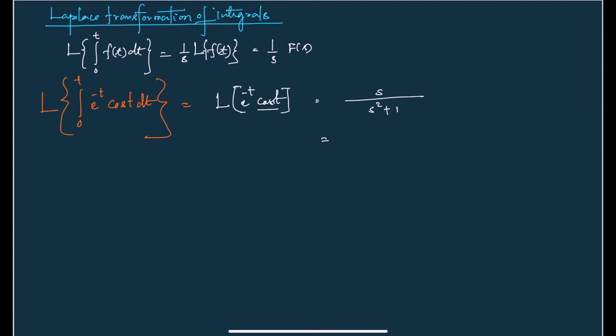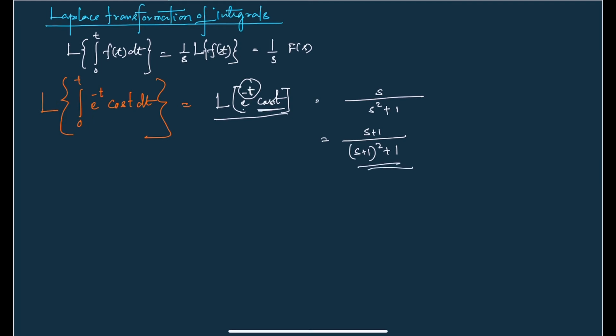Where s is there, s minus 1, but here the coefficient of t is minus 1. So it becomes s minus of minus 1, that is s plus 1, divided by s plus 1 square plus 1. This is the Laplace transformation of e to the power minus t into cos t.